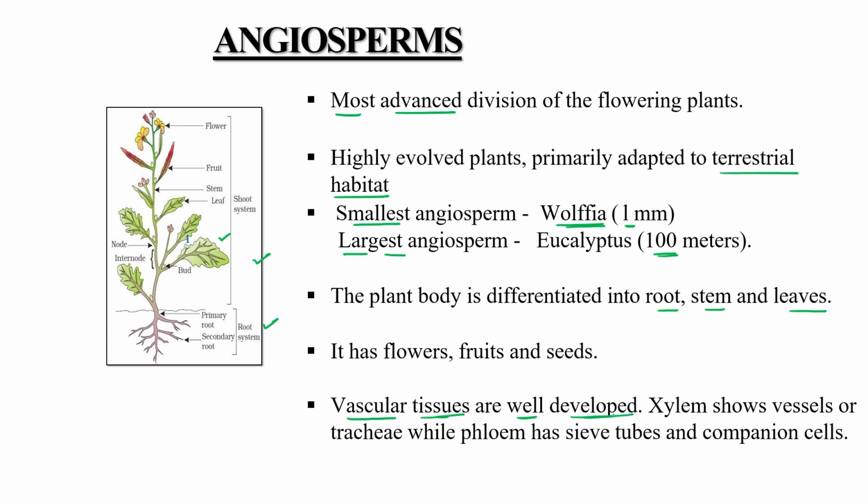What is the meaning of well developed? It means that xylem shows vessels or trachea, and phloem also has sieve tubes and companion cells, both types of cells. That's why vascular tissues are well developed in angiosperm.